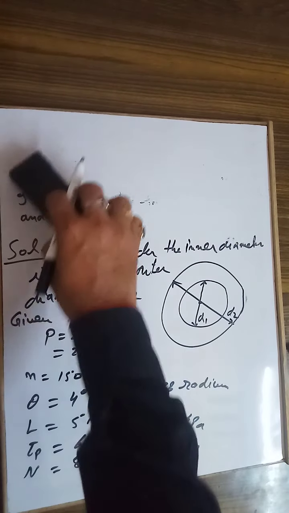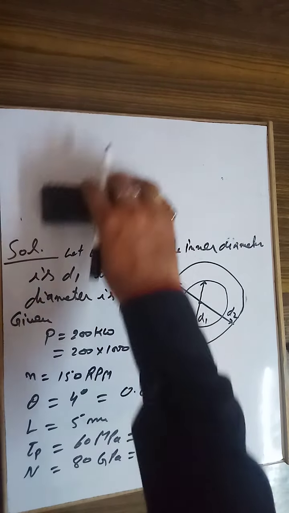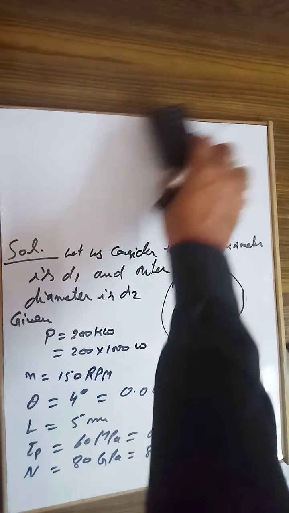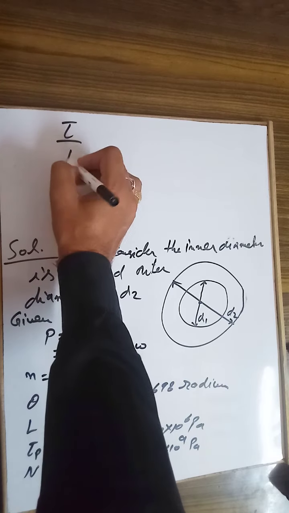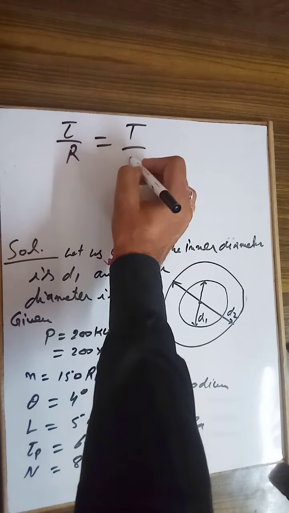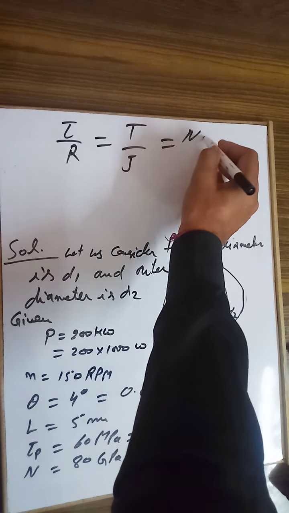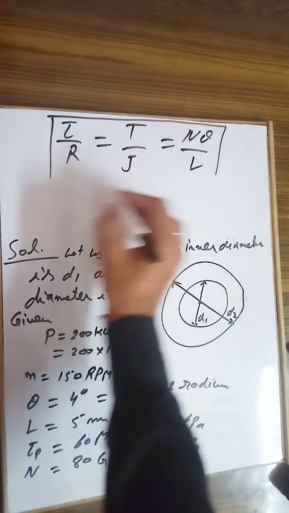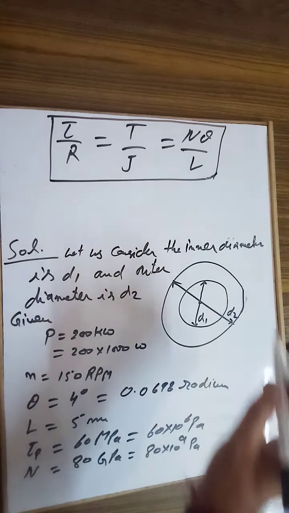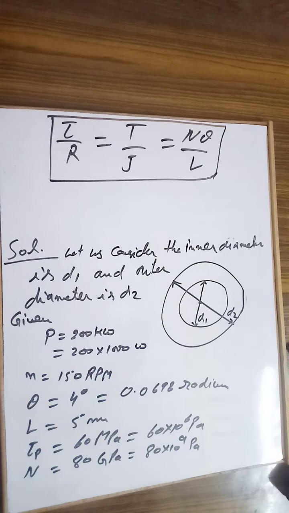So let me write this formula again. It is simply tau upon r equals T by J, equals n theta over l. This we have derived in our previous video. So we need to put the values here.